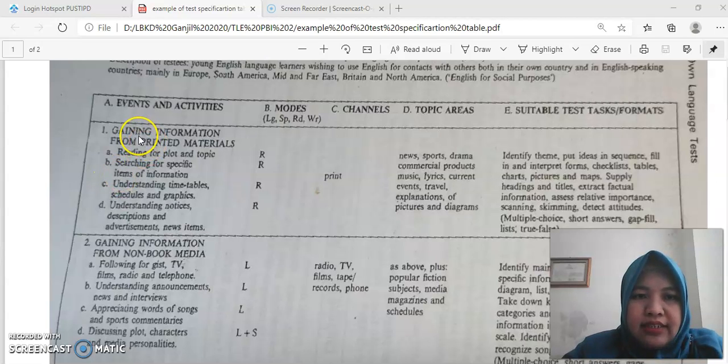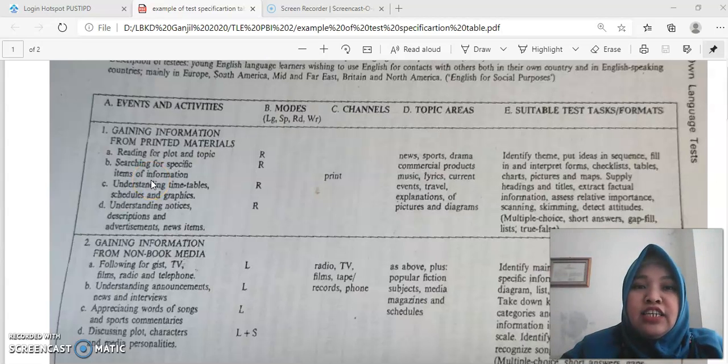So let's see the example. First, the event and activities for testing reading is gaining information from printed materials. Why? Because the medium is printed form, right? And the activities: reading for plot and topic, which you can use if you want to test narrative reading text, and scanning for specific information, searching for specific items of information.